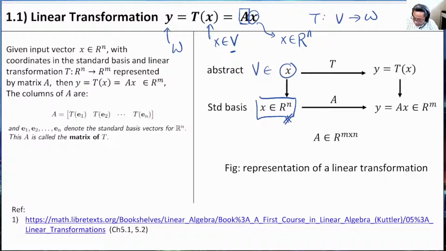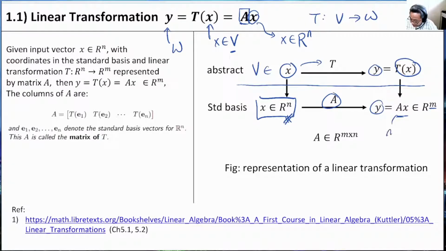Abstractly, X is acted on through T, so we write Tx, and Y is this. Similarly, we can use a matrix A to represent T, and Y can be written as A times X to represent the linear transformation. In this case, if the input is Rn and the output is Rm, then A must be an m by n matrix.